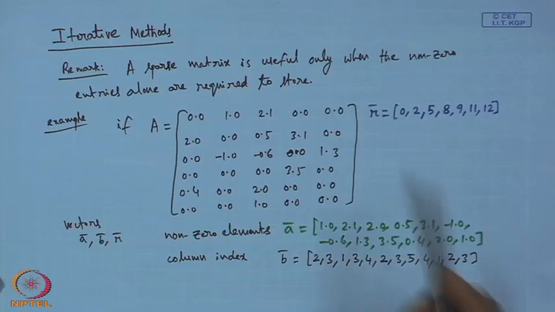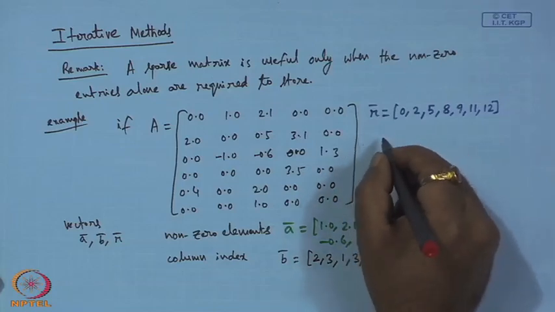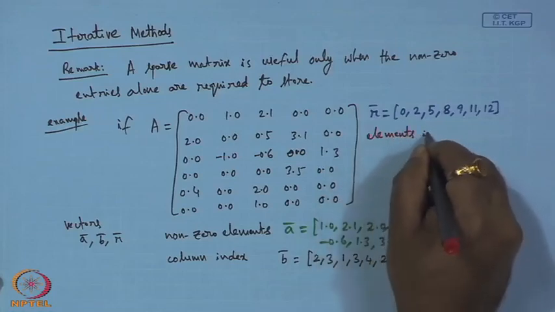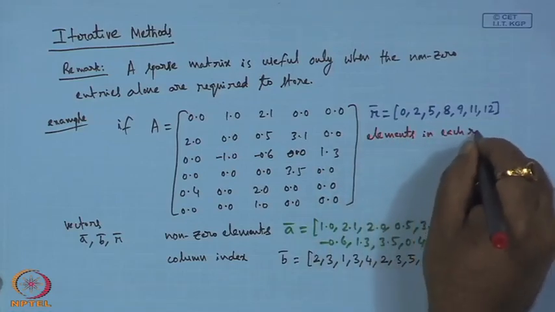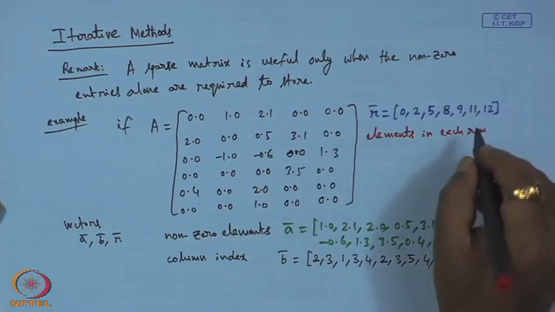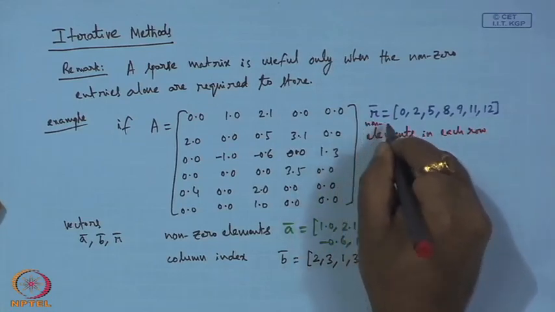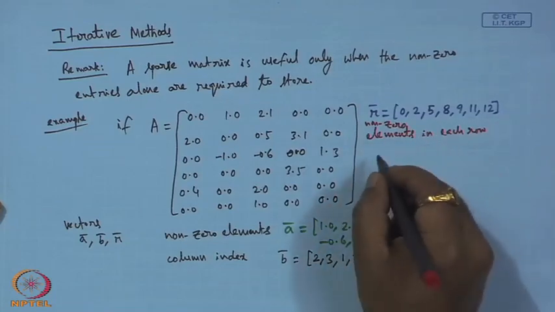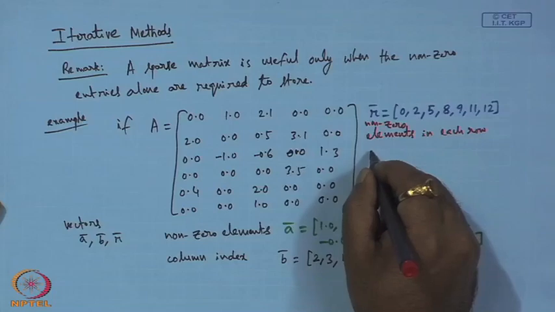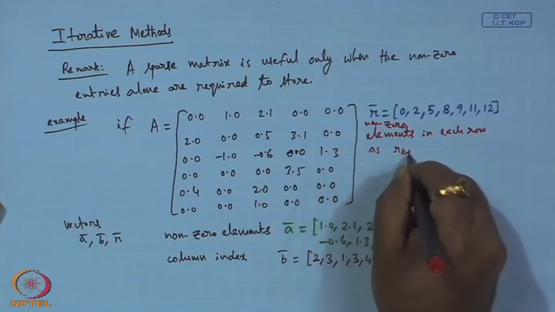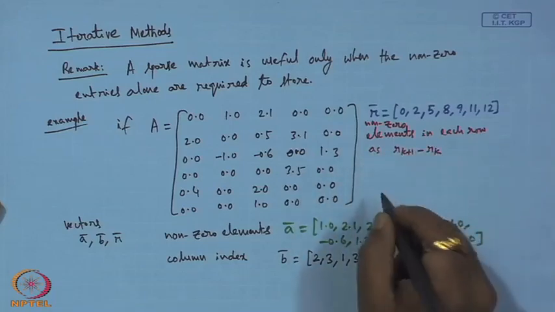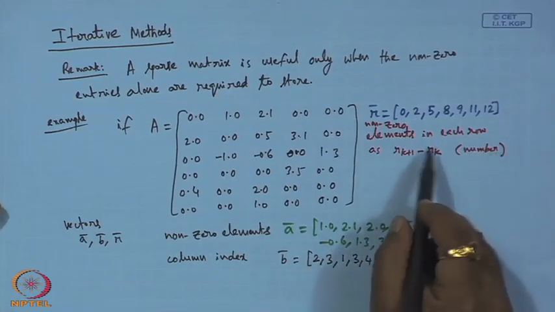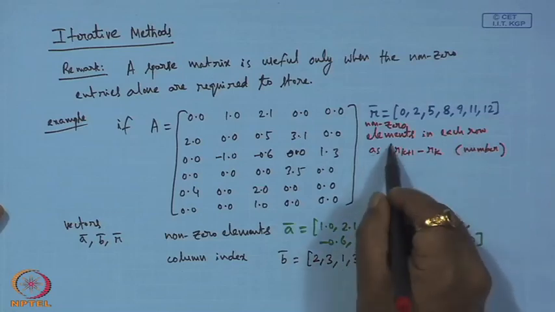So, what is the definition of r bar? It is the number of non-zero elements in each row, stored as differences.